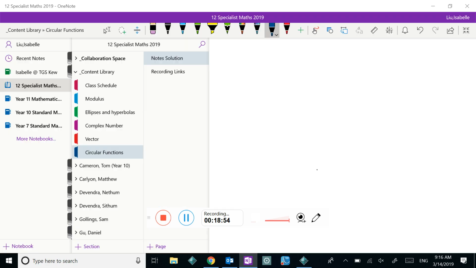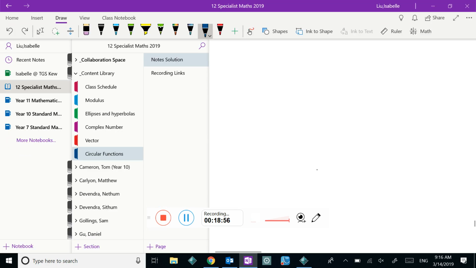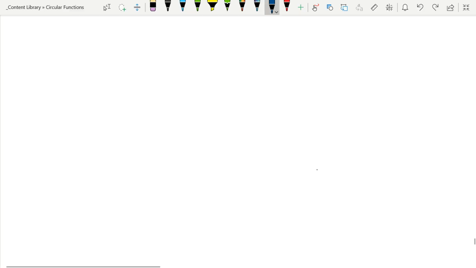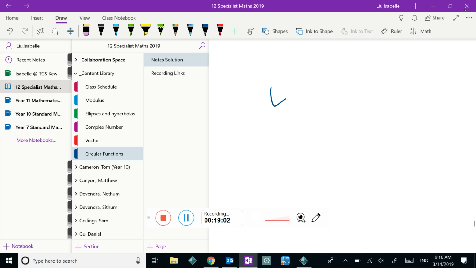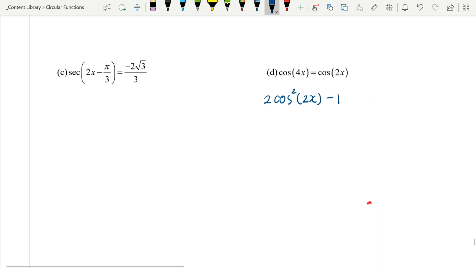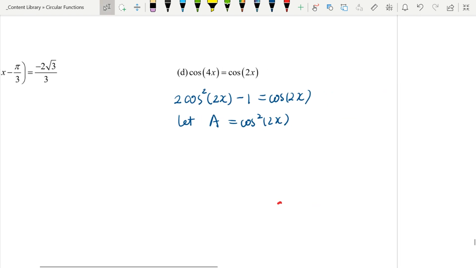Okay, it's here. That equals cos 2x. I don't really like to see things in this way, so I always let A equal cos 2x.